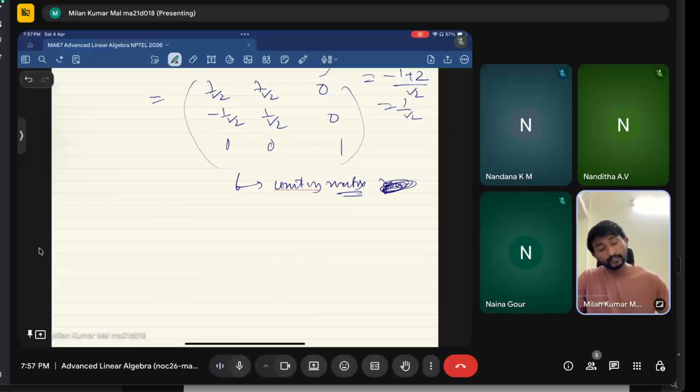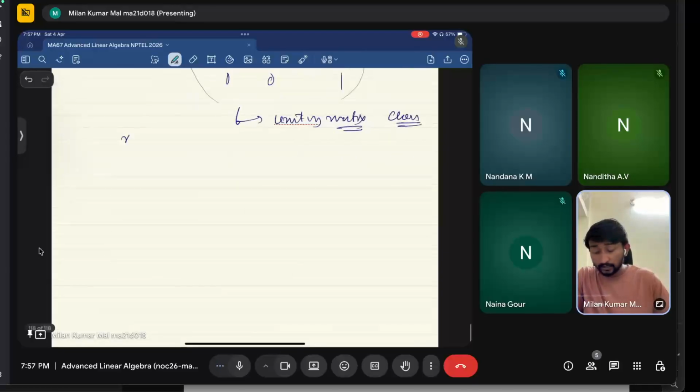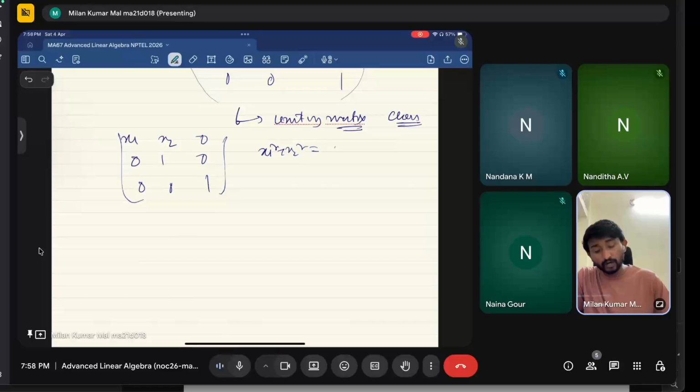In fact, there is a general formula, I think discussed in class also, that if you have a matrix like x1, x2, 0; 0, 1, 0; 0, 0, 1, with the addition that x1 square plus x2 square is equal to 1, then the unitary matrix is x1, x2, 0; minus x2, x1, 0; 0, 0, 1.